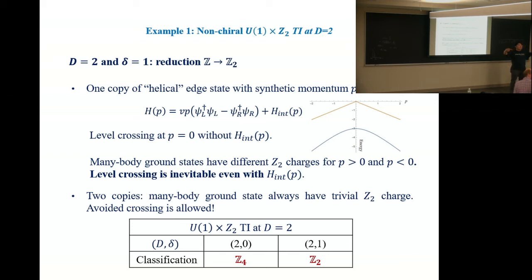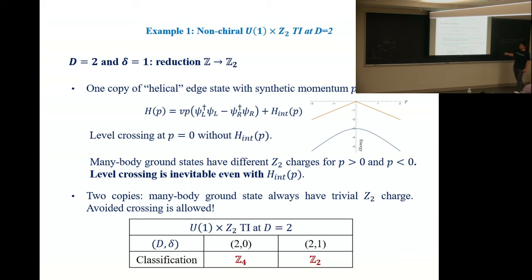The one-dimensional system is the bulk. Oh, I see. So the one-dimensional system is gapped in the bulk, and we are solving the boundary system. The boundary state looks like this. But because P is a tuning parameter, we just solve this zero-dimensional quantum mechanical problem for every parameter P, which can be done very easily.